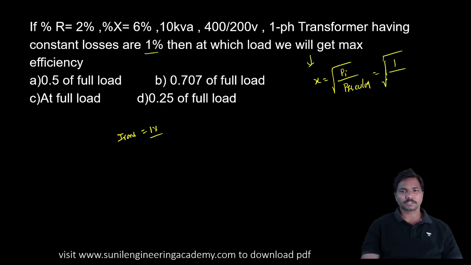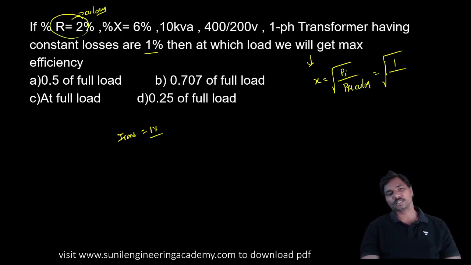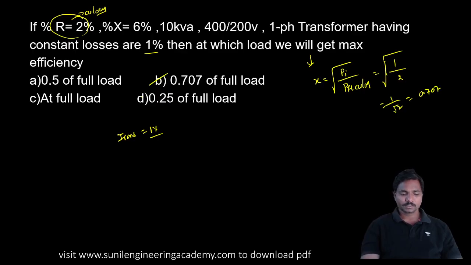Full load copper losses, if they have given percentage R, are nothing but copper losses due to resistance, I square R, that is 2%. 1 by 2 means 1 by root 2, 0.707 of the load.